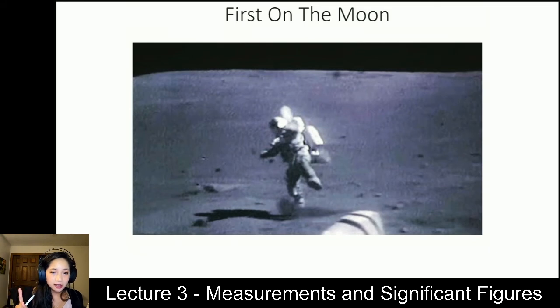See how I didn't say mass? His mass is the same. He's still the same size dude. It's just his weight and how gravity is exerting on him that is now less and different. Okay, so in labs, typically we talk about mass, but oftentimes we'll say, okay, go weigh that, when we mean, take the mass of this object.